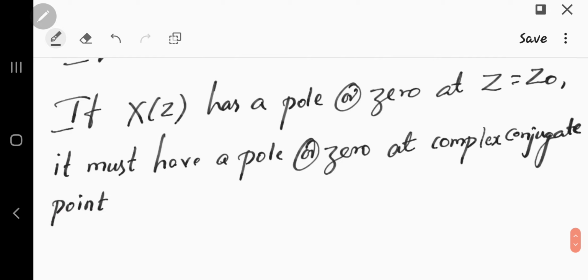The complex conjugate point for z is equal to z naught is z is equal to z naught star. So if it is having any pole or 0 at this point in the z plane, then the complex conjugate of that term should also have a pole or 0 at z is equal to z naught star, means in the complex conjugate point in the z plane. Okay, so that is the meaning of it.